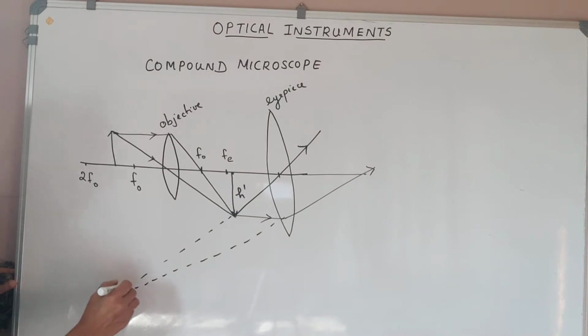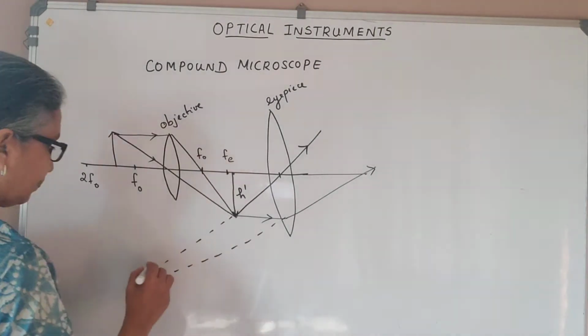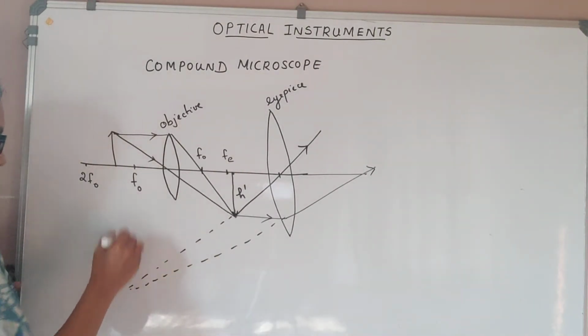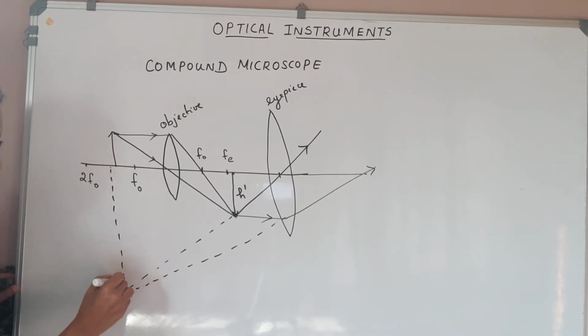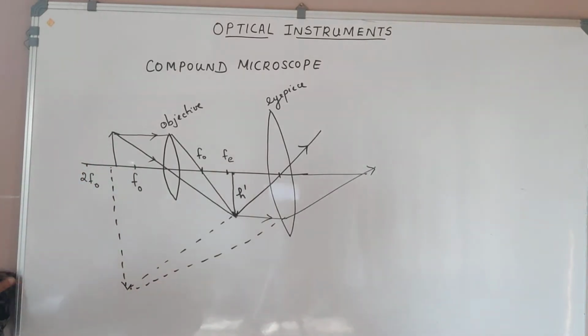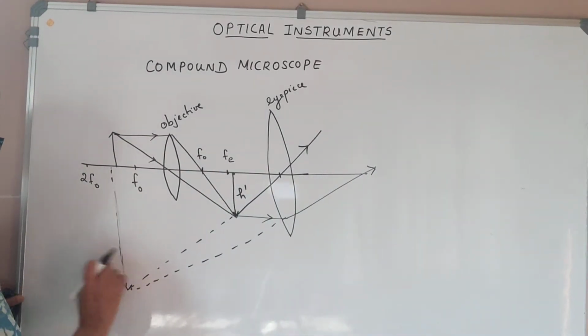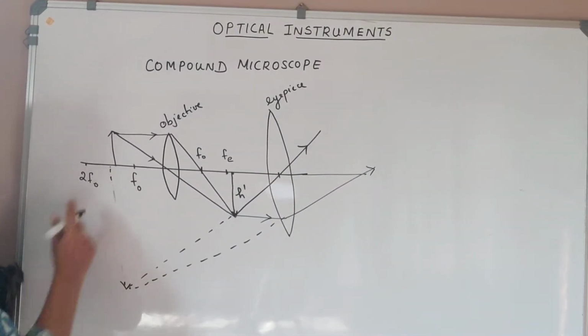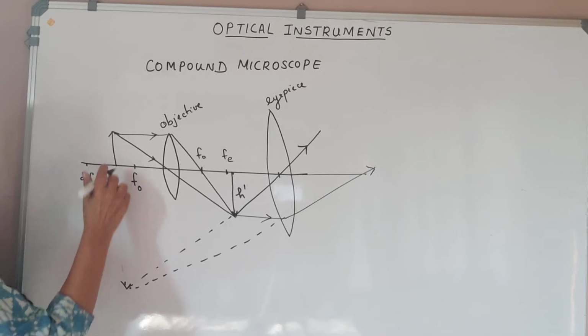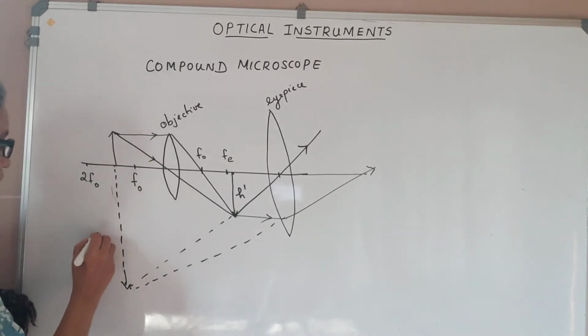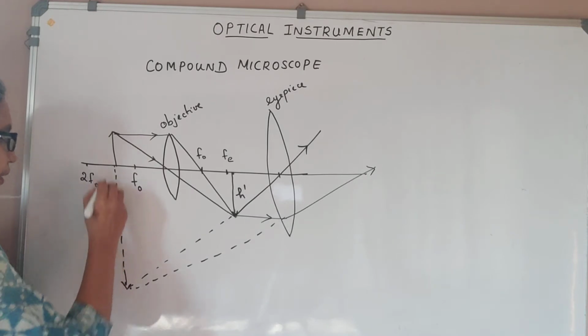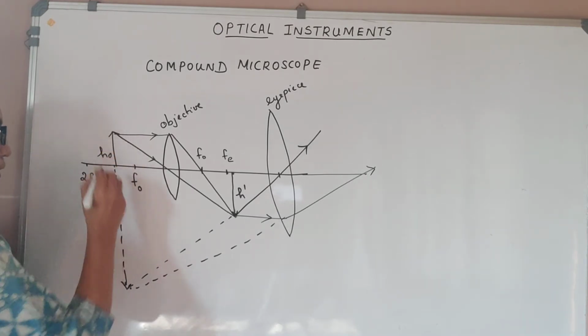Okay, right? I would have liked to use a scale and all that. So this is where they would have met, and this is where we will have our final image. This is what I'm going to call H double dash. This will be the object height.